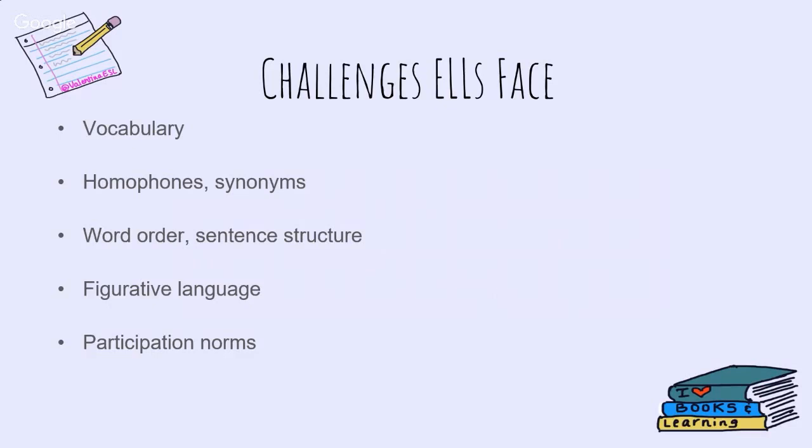Well, she knew what a turkey was, and she knew what fingers were, and she was horrified that we were eating turkey fingers for lunch. Figurative language and vocabulary can be really troubling for our ELLs.